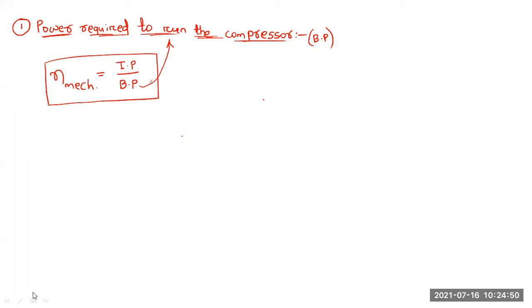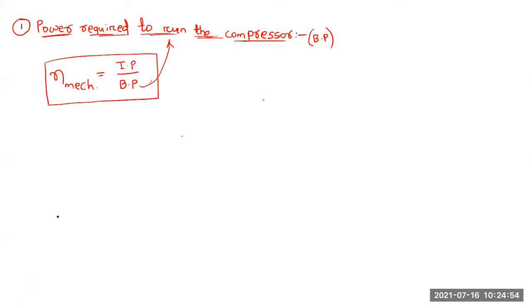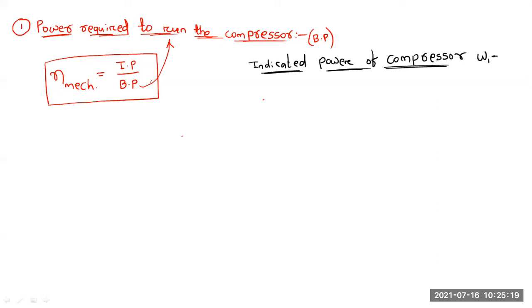So here we will calculate the indicated power. First we have to calculate the indicated power of the compressor. Okay. So what is this indicated power of the compressor? This is the total power, W1 plus W2.